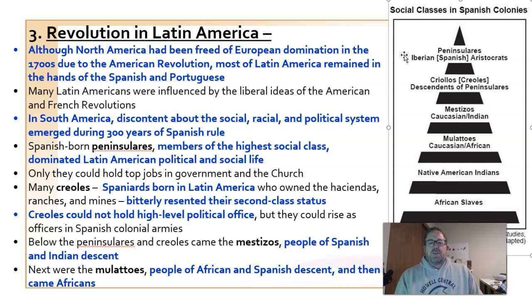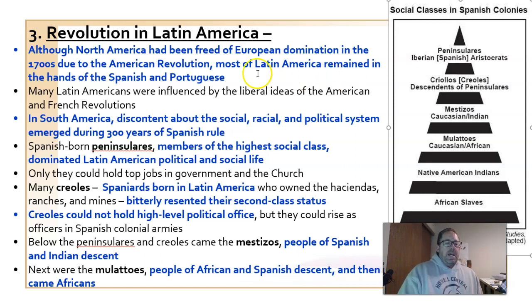Okay, so there are other groups too, the mestizos and the mulattoes. Those are people of mixed race. You have Caucasians mixed with the Amerindian; those are mestizos. The mulattoes were Caucasians and African slaves that were mixed. That mixed blood was seen as a knock, and so that put them at a lower station on that racial hierarchy.